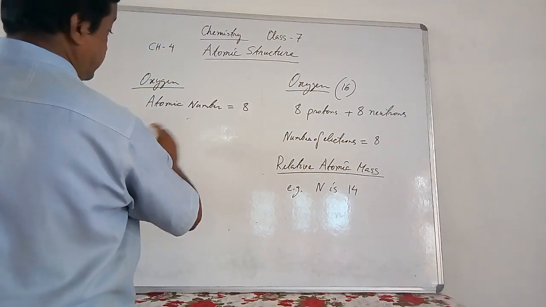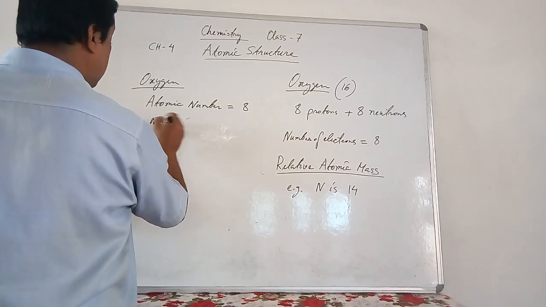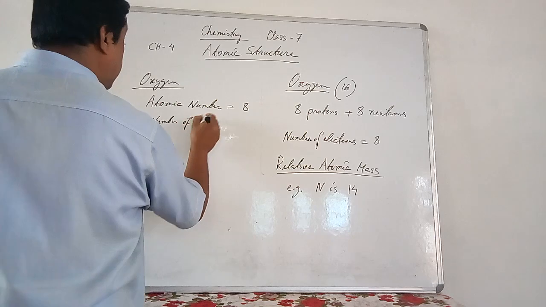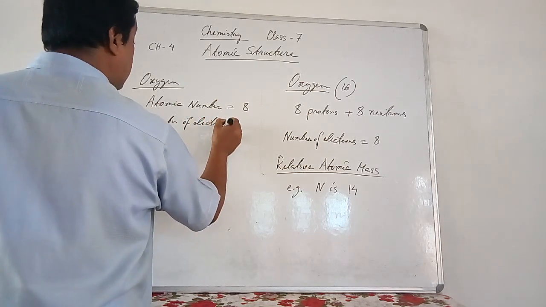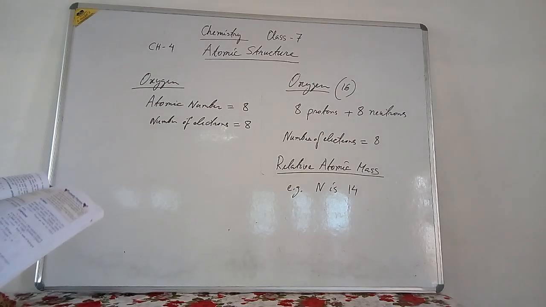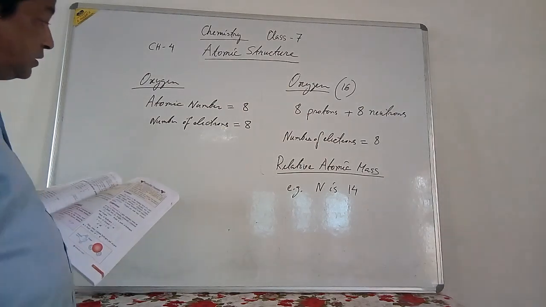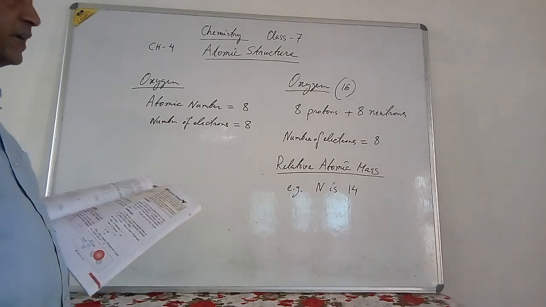So that means number of electrons is equal to 8. Now how these electrons will be arranged around the shells, it is given by a formula.